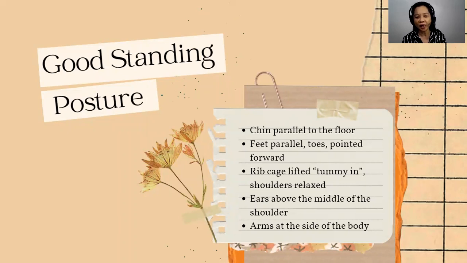So to be able to have a good posture, all you have to do is stand against the wall. See to it that your head is touching the wall, your back, your shoulder, and that your ears are in line above the middle of the shoulder.